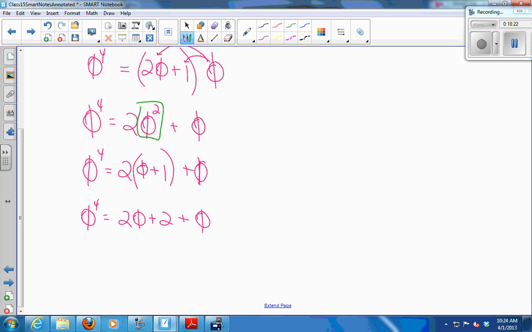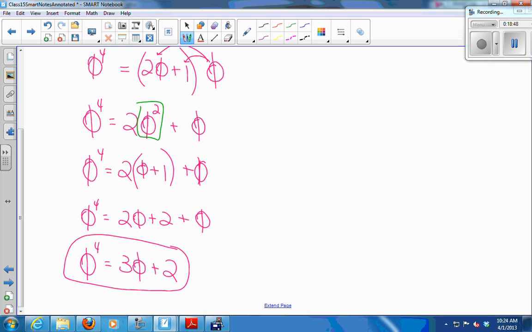Combine like terms. What's 2 phi plus phi? 3 phi. 2 phis plus 1 phi is 3 phis, plus 2. Phi to the fourth.